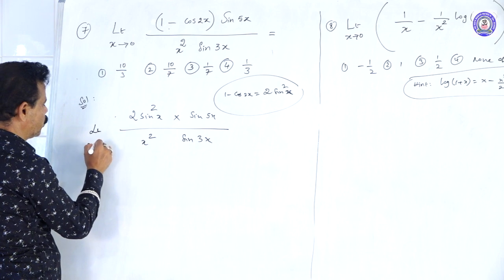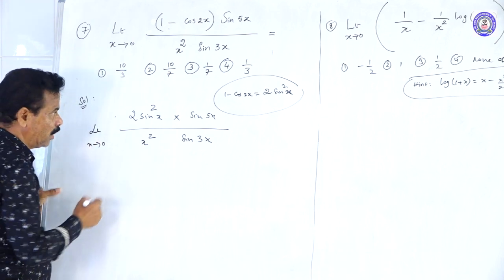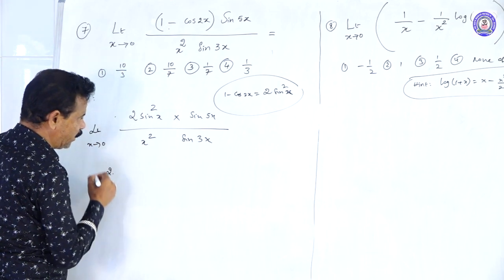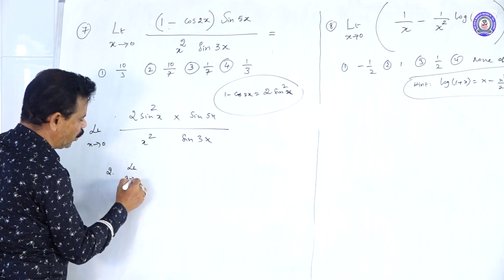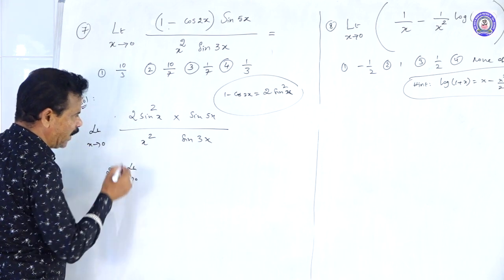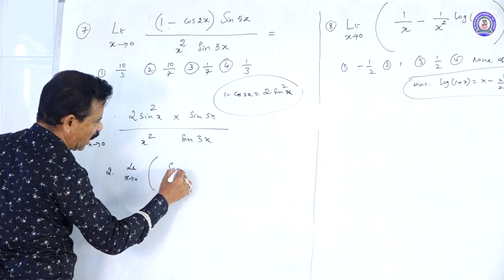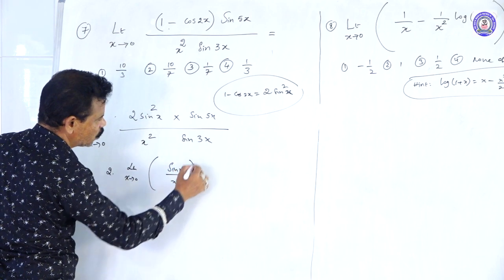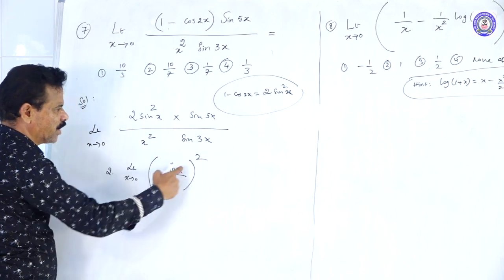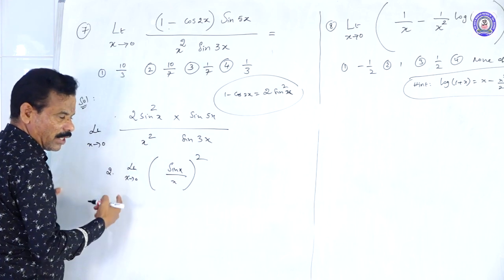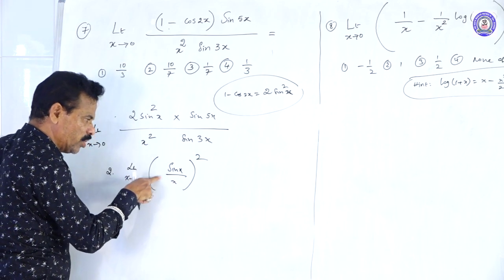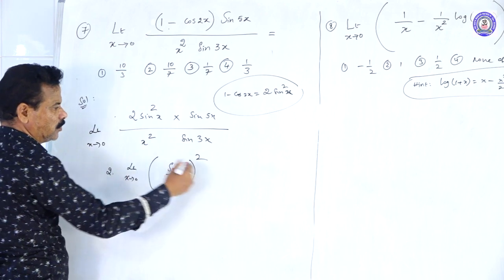Limit x tends to 0. Here 2 is the constant. This sin square x by x square is written as sin x by x whole square. It is balanced, sin square x and x square. Whereas limit x tends to 0, this value is 1.